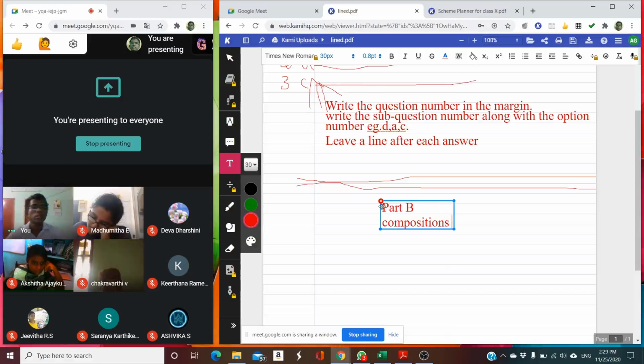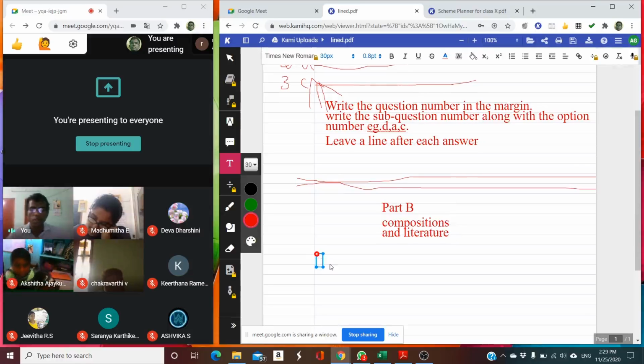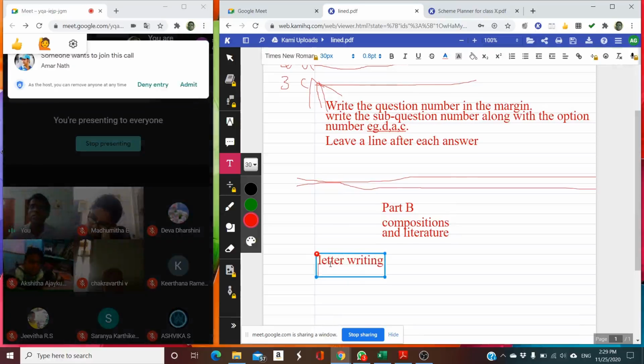Compositions and literature. In compositions, you have letter writing and paragraph writing.